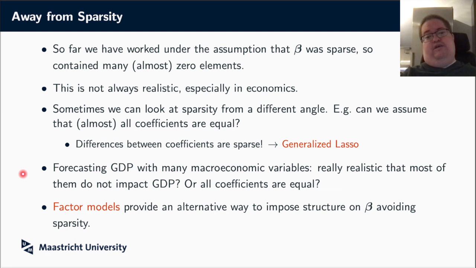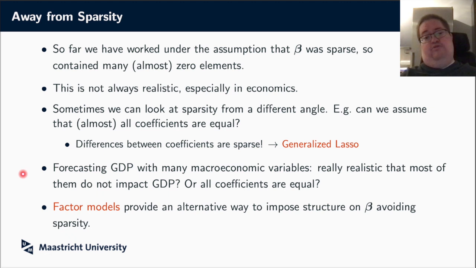So this is something that people in economics don't always want to work under. Well, you can of course extend that to the generalized lasso, but you remain with very similar problems there. So what we will do in the next part of the course is look at an alternative way to impose structure. We will not be looking at the betas directly anymore, but instead at the x's, the variables, and assume that they are generated by some commonalities.